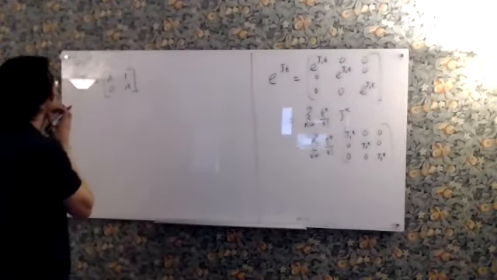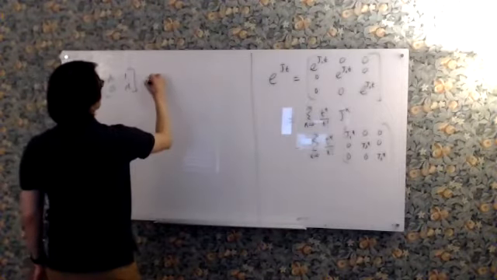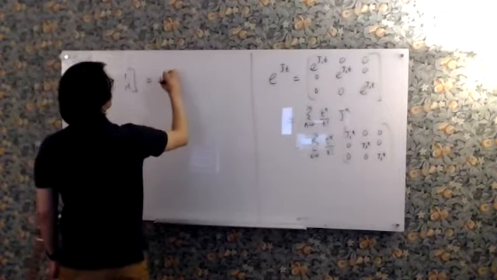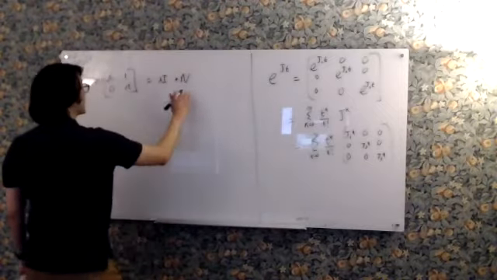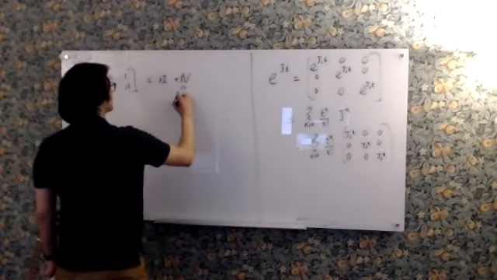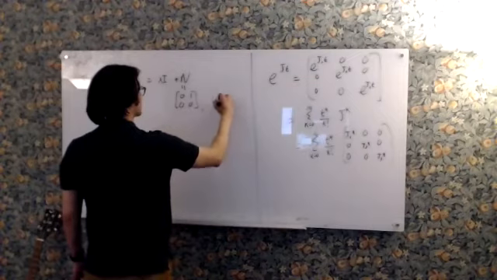All right. If it's looking like this, I'm going to break this up into two pieces. I can write this as lambda I plus N, where N is equal to [0, 1; 0, 0].